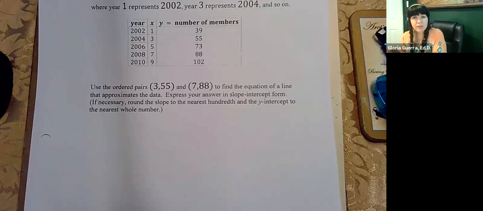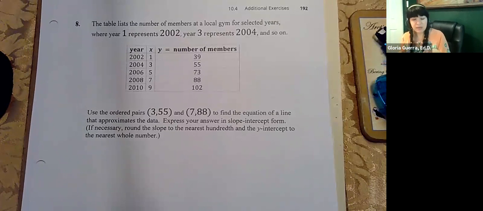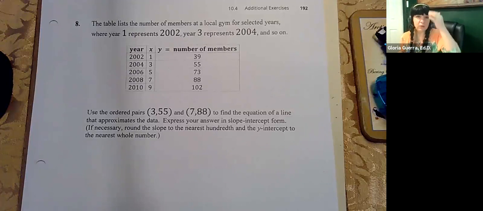Okay, 8. So 8 is like the first 5 problems we did, not 6 and 7, but it's an application problem. The table lists the number of members at a local gym for selected years, where year 1 represents 2002, year 3 represents 2004, and so on.